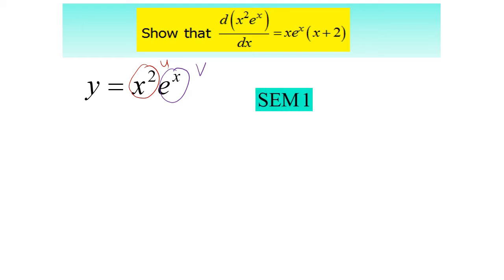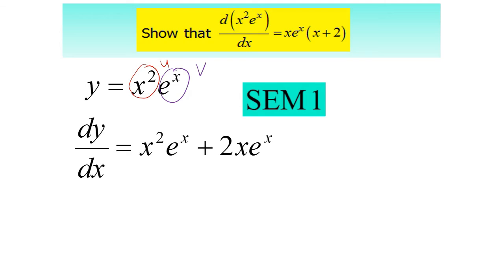Next, by using the correct formula of the product rule, we're going to have x squared e^x plus 2x e^x. Where our x squared is u and e^x is v prime. When we differentiate v, e^x, we're going to have e^x.